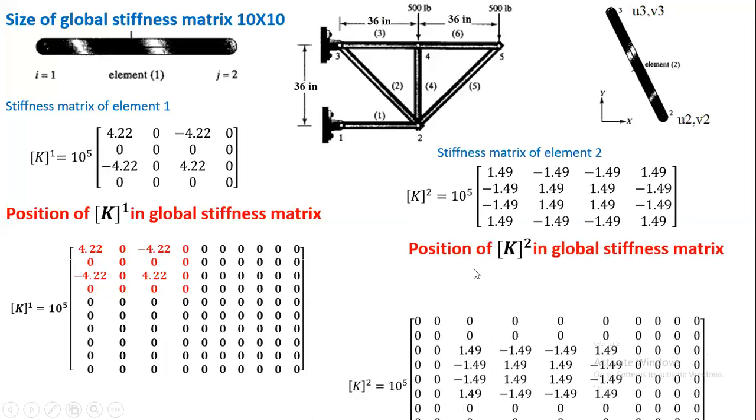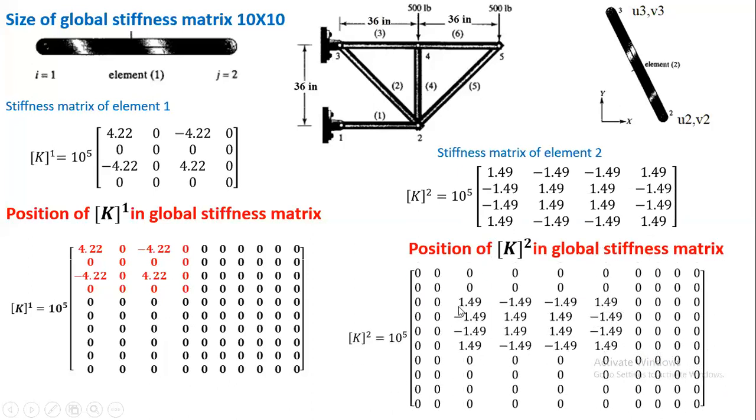Now you see this is the 3 3 location, and if we write here u1 v1 u2 v2, you will get u2 from this side as well as from this side, so it will be added here.